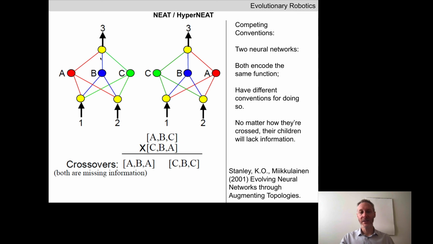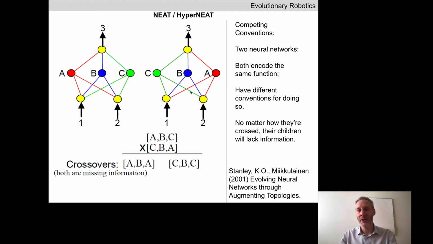Let's imagine that this neural network is evolved and it's almost perfect, but not quite. It's getting almost A, almost B, almost C, and almost the correct output. Remember, in the case of the XOR function, the network needed to output 4 different values under different conditions. Let's imagine this network gets 3 out of the 4 correct. It's almost perfect, but not quite.